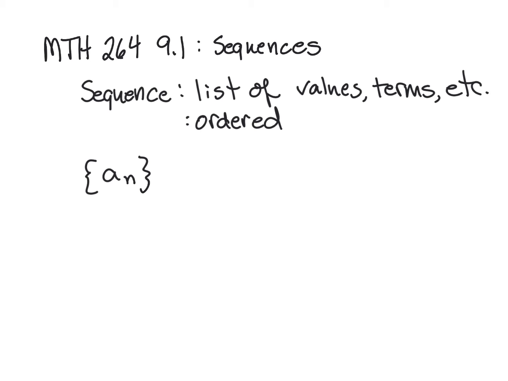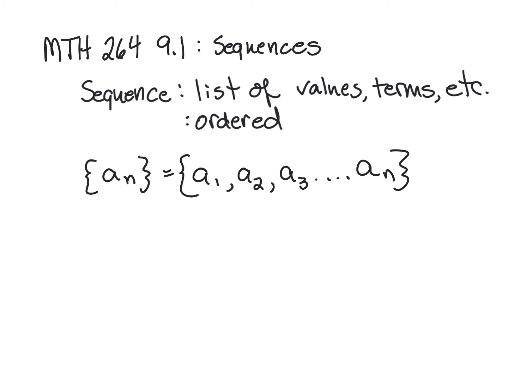For us, a sequence that is drawn with the brackets means you have a list of elements in the sequence, and these are represented by the a sub n in this case. So what that means is you have a sub 1, a sub 2, a sub 3, dot, dot, dot. An infinite sequence will go forever. A finite sequence has some end, okay?